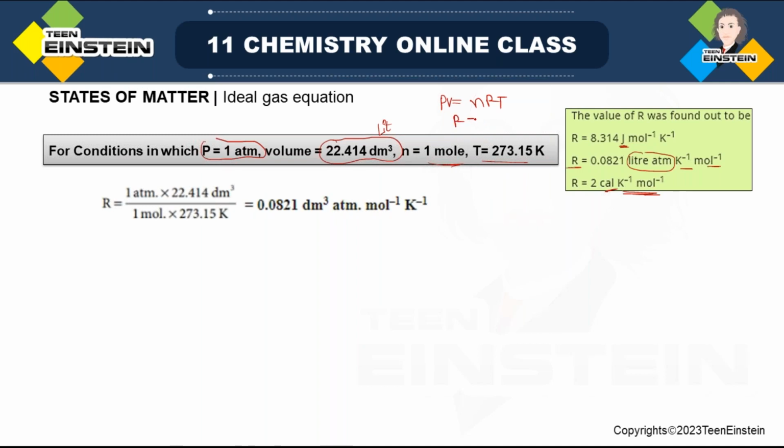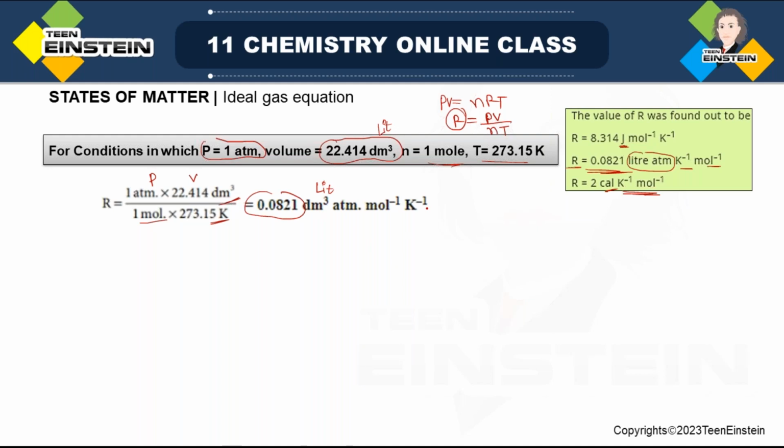If you want to get the value of R in this unit, for the condition where pressure is 1, this is volume in dm cube or liter, this is N, 1 mole, and this is temperature. If you put in all these values, you get 0.082, dm cube atm or liter atm, whatever you write, per mole per Kelvin.